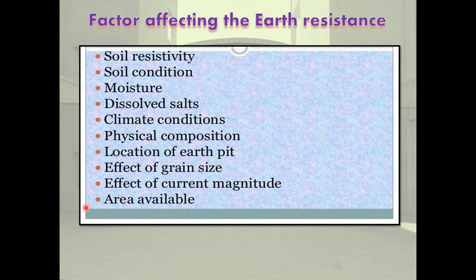In soil resistivity, it is the resistance of soil to the passage of electrical current. The earth resistance value, like the ohmic value of an earth pit, depends upon the soil resistivity. It varies from soil to soil.